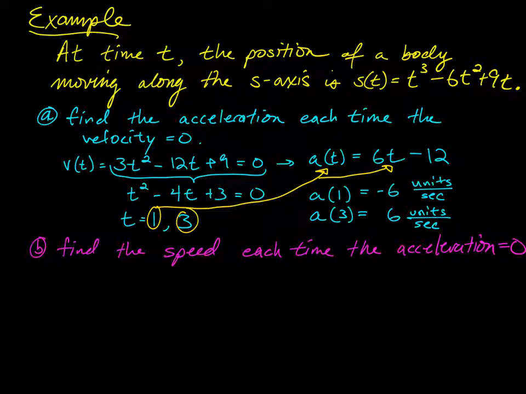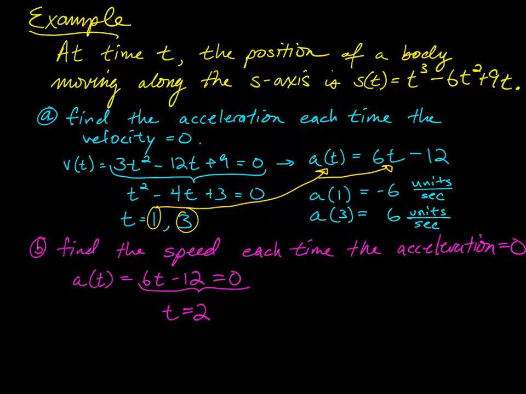Since we know that the acceleration equals 6t minus 12 from above, we want to know when the acceleration equals 0. That means you set this function equal to 0, and when you solve this for t, you end up with t equals 2.